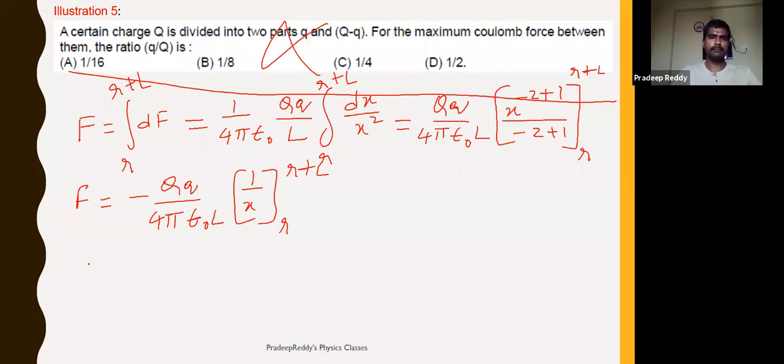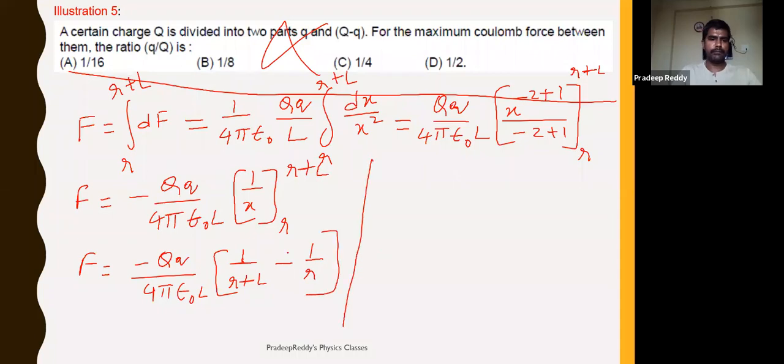Now, finally, F will be minus capital Q small q by 4 pi epsilon naught L. Substituting the limits over here, 1 divided by r plus capital L minus 1 divided by small r.